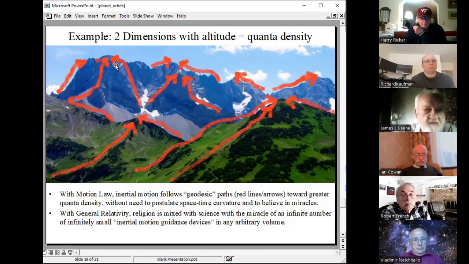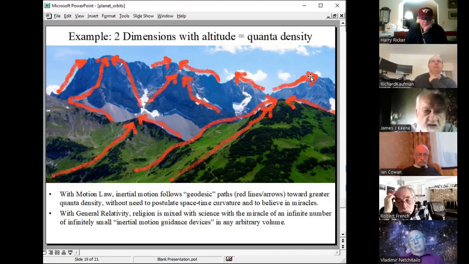If we have two dimensions, right, left, and foreground and background, and with the height of the mountains here depicting areas of higher energy density, the altitude of these mountains is higher quanta density. Let's take these two arrows. You notice that quanta will tend to move toward this higher density area to the upper right.